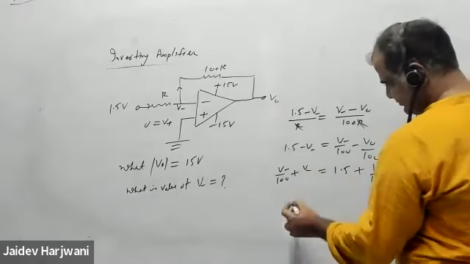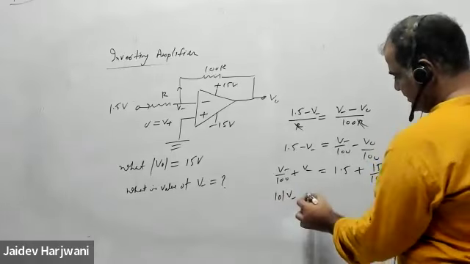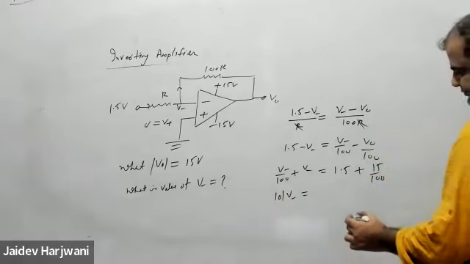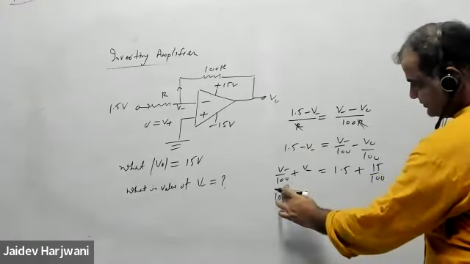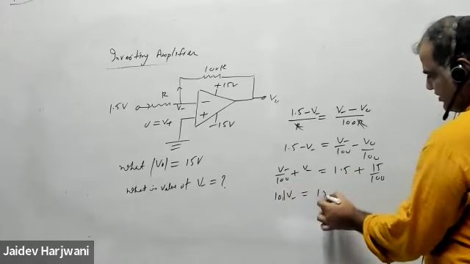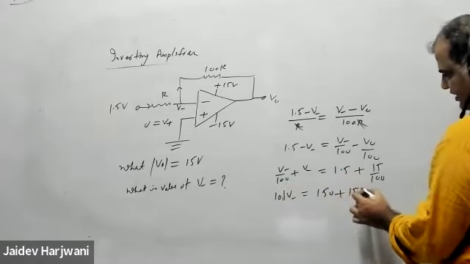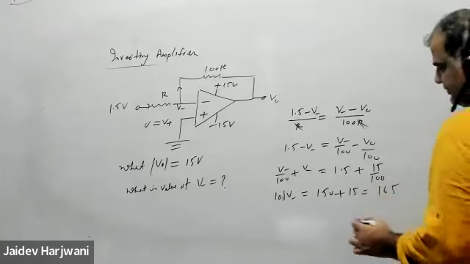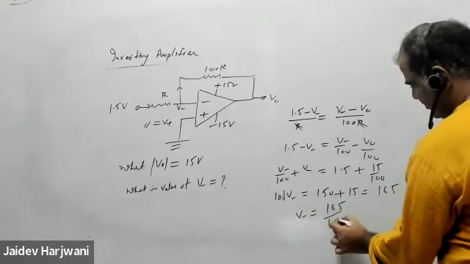Solve this one. So this is 101 V minus is equal to 100 multiplied by this. Sorry, this 100 will come here. This is 150 plus 15, that is 165. So V minus will be 165 upon 101.